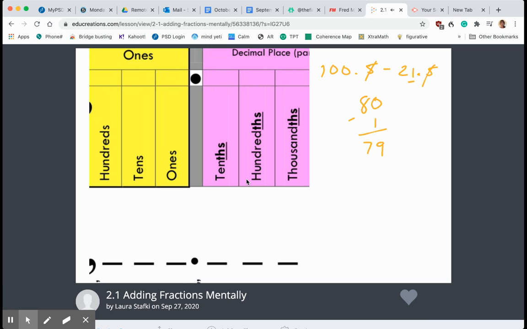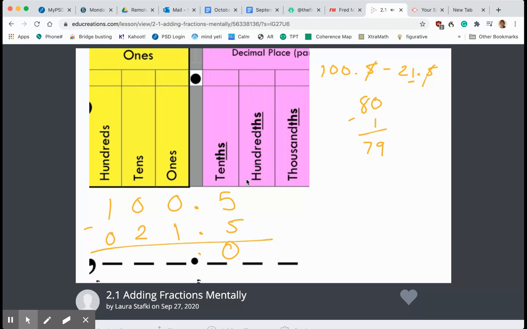If you want to, I am not opposed to you trying to figure it out mentally and then doing it written. I think that's very, very smart. So I want to make sure that I'm lining up my place value when I write this out. Minus, and now there's 0 in the hundreds. You don't need to write that 0. And now I'm going to just do my subtraction.